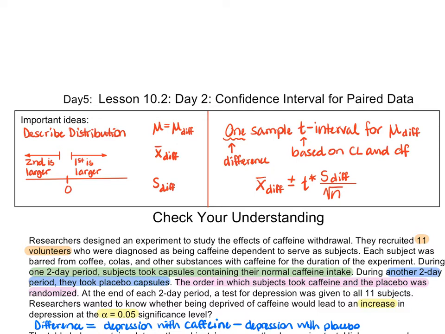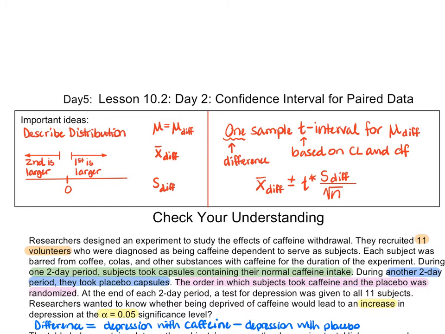During another 2-day period, they took placebo capsules. The order in which the subjects took the caffeine and the placebo was randomized. At the end of each 2-day period, a test for depression was given to all 11 subjects. Researchers wanted to know whether being deprived of caffeine would lead to an increase in depression at the alpha equals 0.05 significance level.